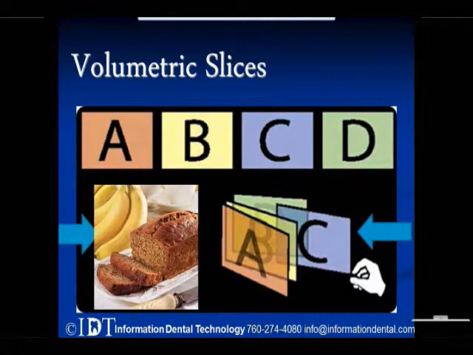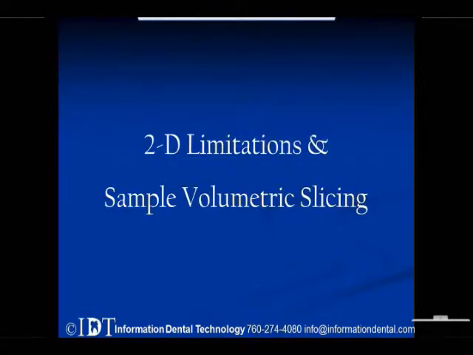And then we do that for all the other layers, and then we lay it flat. So you can see A, B, C, and D really clearly now, instead of having them stacked on top of each other. This volumetric slicing is great to see the buccolingual width and the vertical height, and also the relationship to maybe the nerve or other anatomical areas.